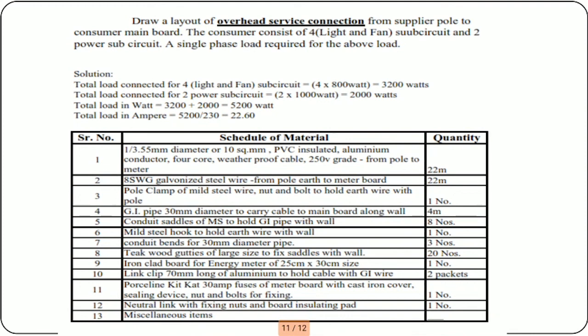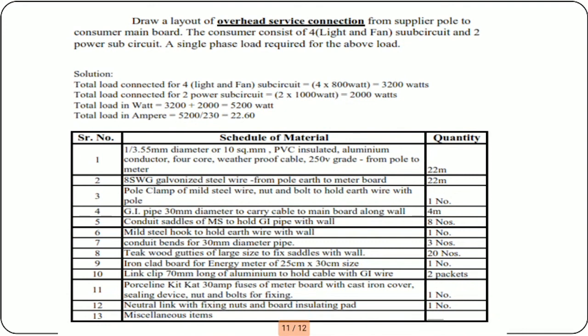Then 8 SWG galvanized steel wire from pole to meter board. Then pole clamp of mild steel, with nut and bolt to hold the earth wire with the pole, one number. Then GI pipe, we require 4 meter.